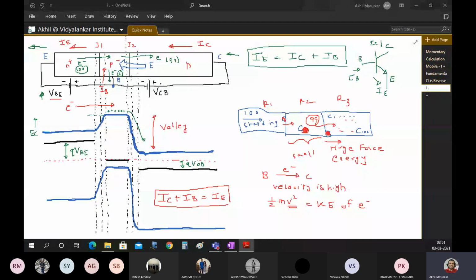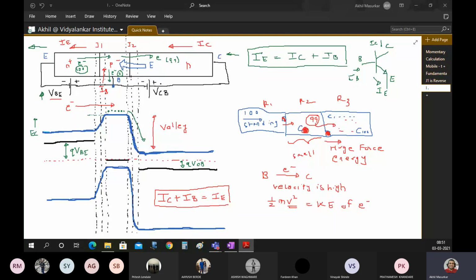What is the meaning of that? That is, the base is p-type, but you are putting an excess of electrons from the emitter into the base. As the base collector junction is reverse biased, the electron concentration at the edge of this junction is approximately 0.